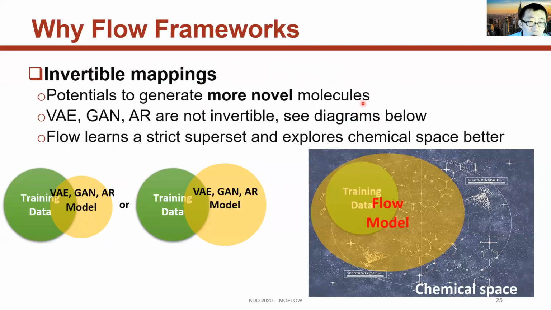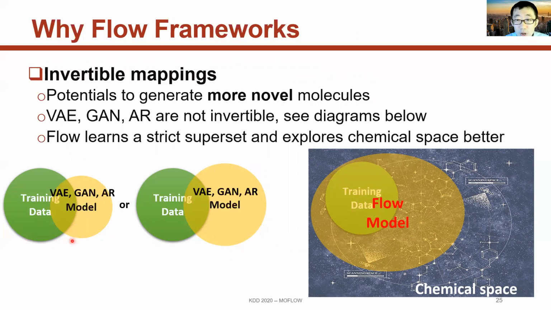Why flow frameworks? We just summarized the state-of-the-art flow frameworks, but why do we choose such invertible mapping generative models? Because invertible mappings enable generating more novel molecules. For example, VAE, GAN, and autoregressive models are not invertible, as shown in these diagrams.